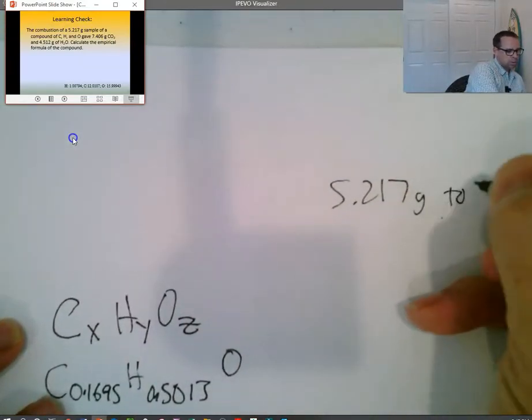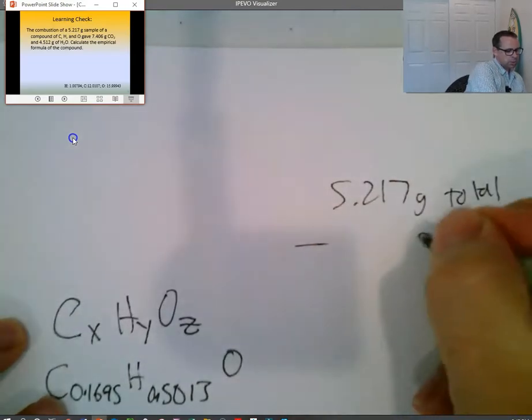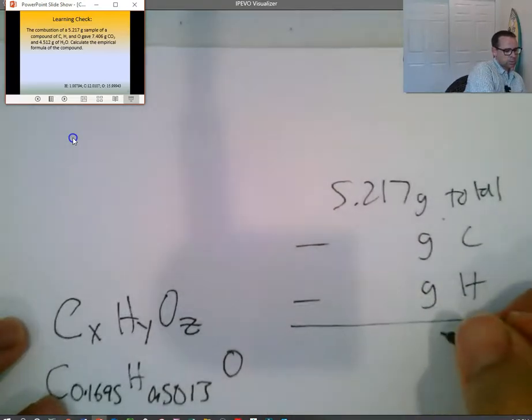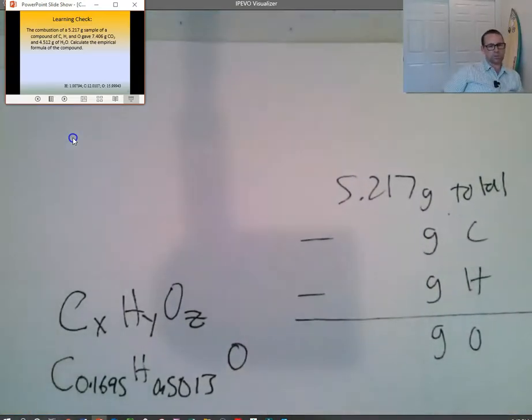Now, I don't have the grams of carbon or the grams of hydrogen, but I do have the moles of carbon and the moles of hydrogen.